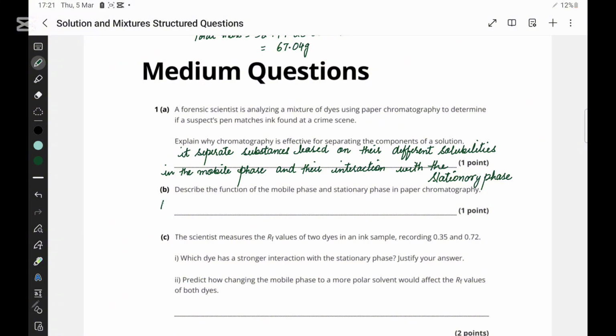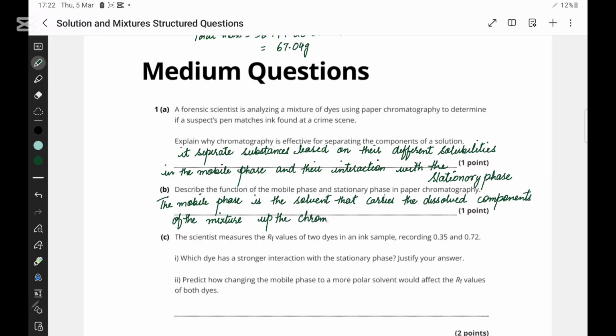The mobile phase is the solvent that carries the dissolved components of the mixture up the chromatography paper.